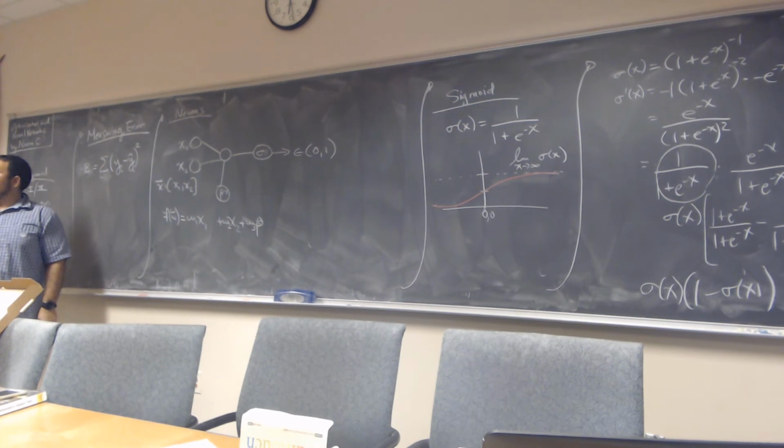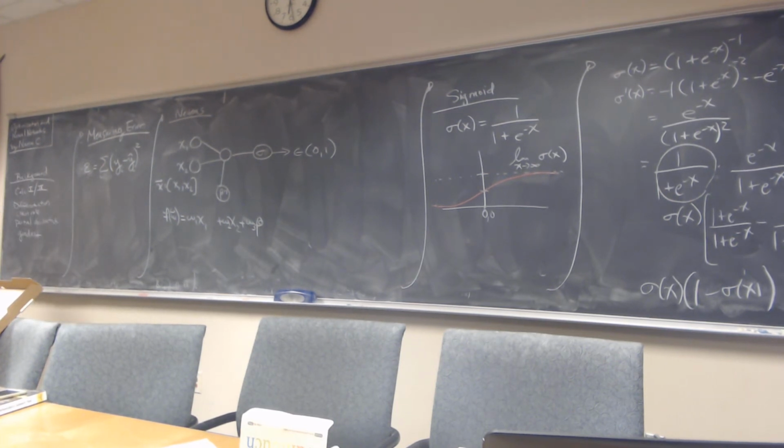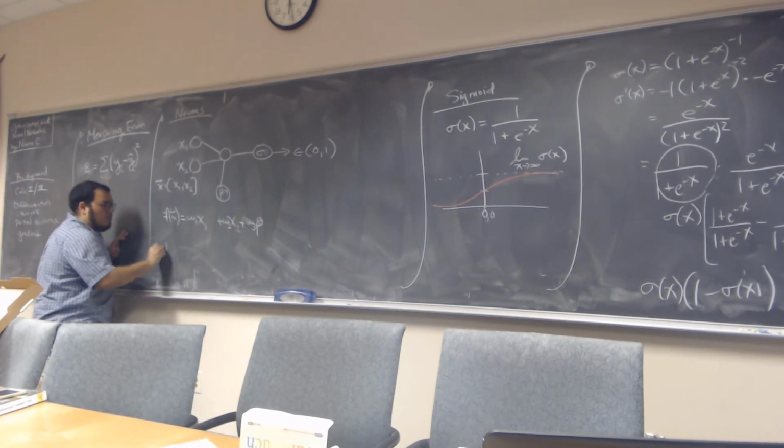Can you explain what the beta is, what this function is? Yeah. So beta is called a bias, and the best way that I can think about it, it's like if our, so let me write sigma here.